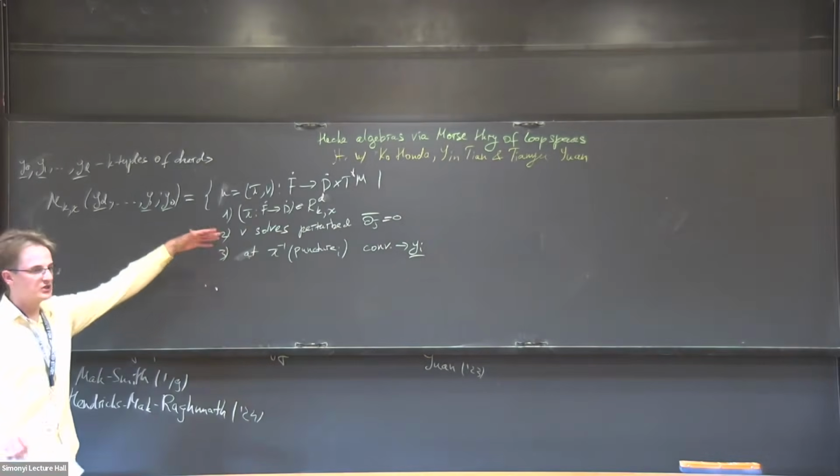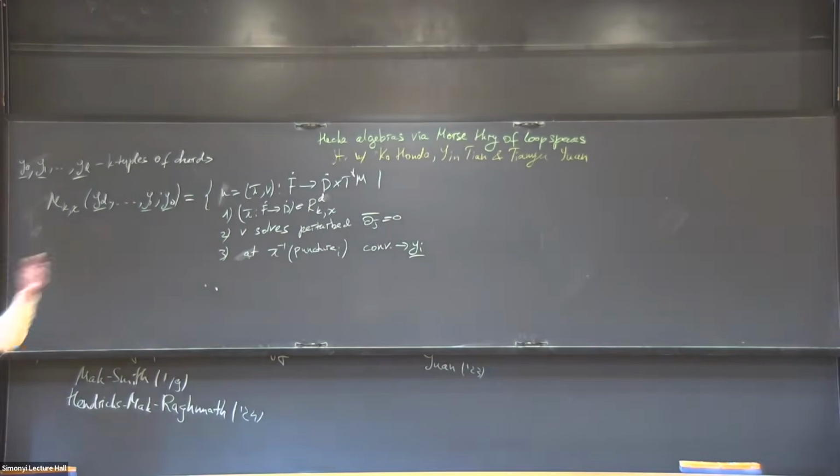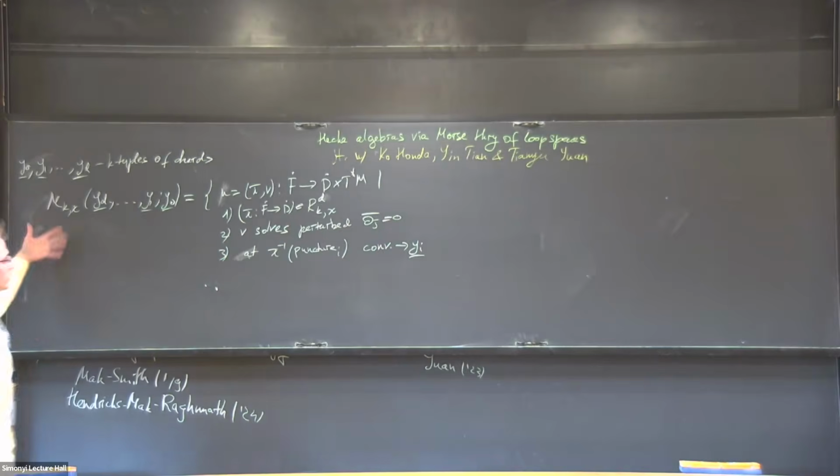And perturbed means actually there is some Floer data chosen over these moduli spaces, and we count solutions to these perturbed equations. So that's how you obtain the infinity operation.